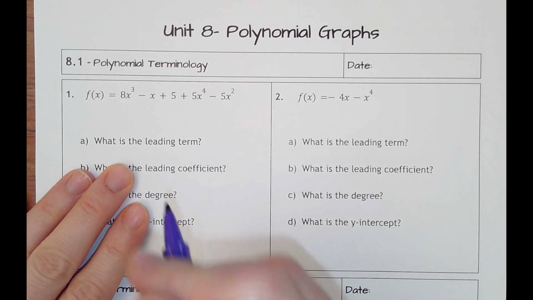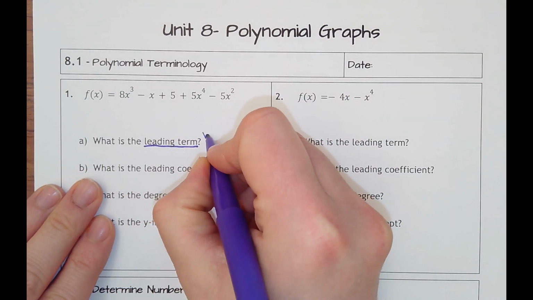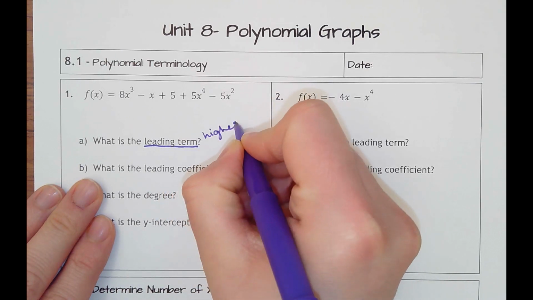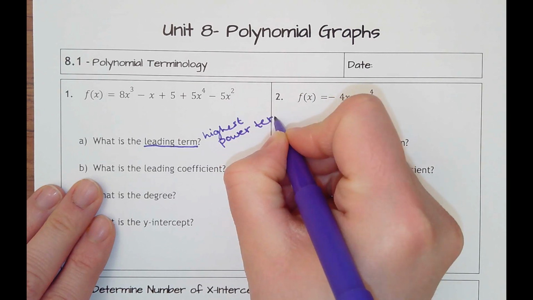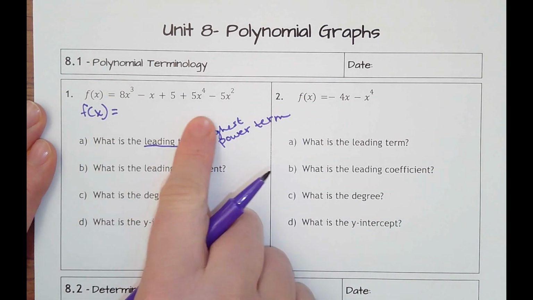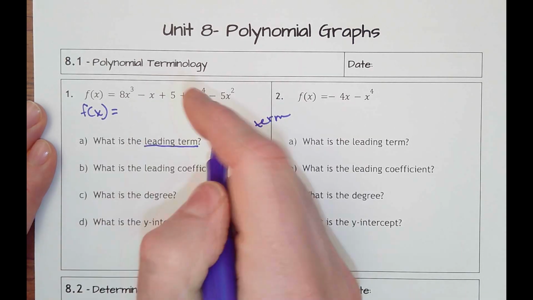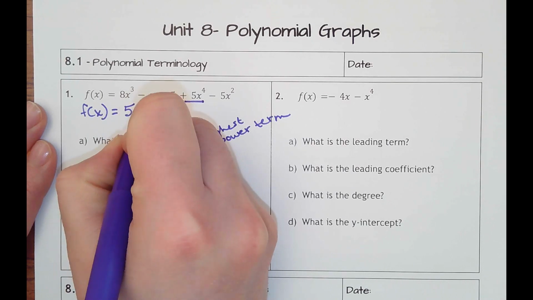A leading term is going to be written in standard form. It's going to be the highest power term. So if I were asked to rewrite this in standard form, I would pick out the highest degree term first. That would be the positive 5x to the fourth.